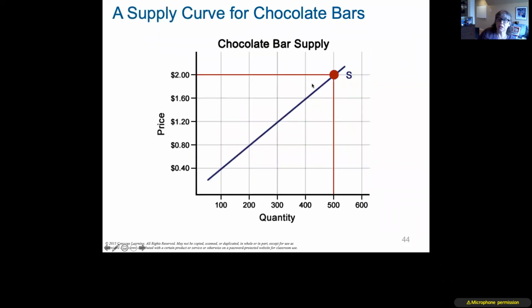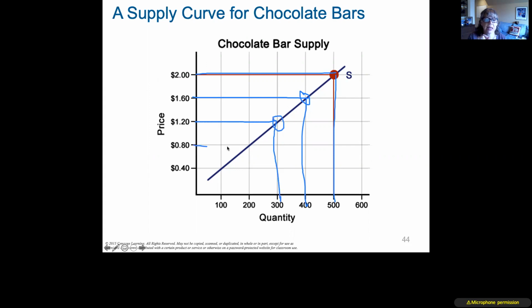You can translate this just like we translated the demand schedule into a demand curve, now into a supply curve. So remember back to Chuck, at $2, he was willing to supply 500. There's one of his points. We also knew that at $1.60, he was willing to supply 400. At $1.20, he was willing to supply 300.